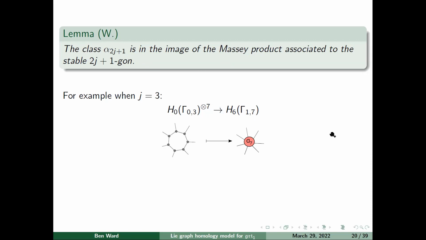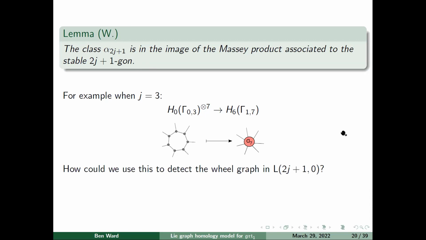Well, actually, it's a little bit misleading to say, because I fixed the generator alpha 2j plus 1, but really what I should have done is I should have proven that this is non-zero and then called that the generator, but okay. And this is the calculation. So how will we use this one Massey product that I've calculated so far, to detect the wheel graph, which after all has n equals 0?